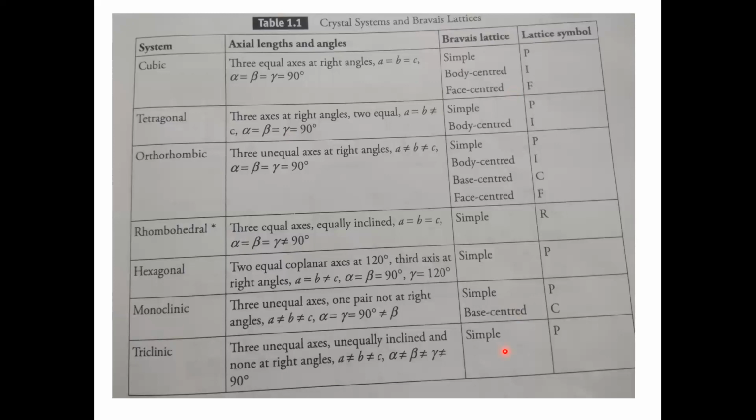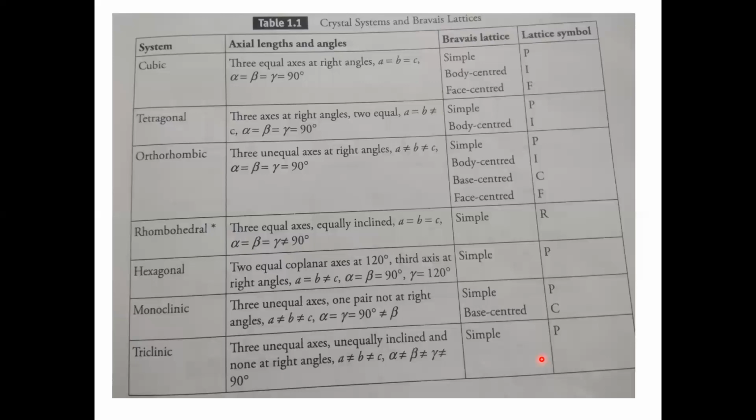When you add these types, 1, 2, 3, up to 14, the 7 crystal systems become 14. That's why this statement is there.